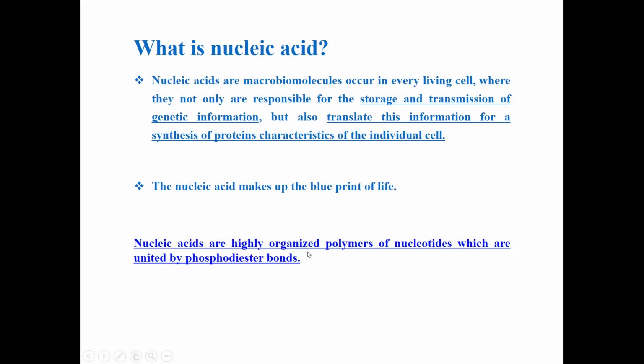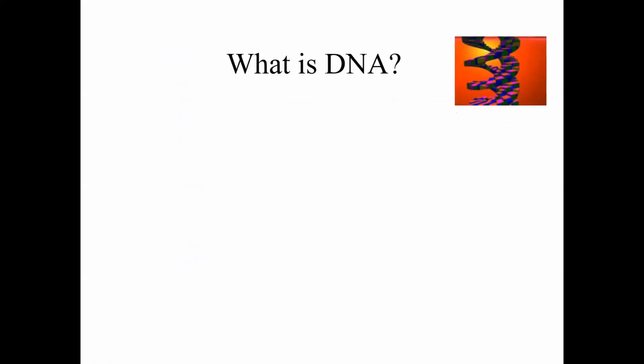Nucleic acids are highly organized polymers of nucleotides, which are united by phosphodiester bonds. So nucleic acids are polymeric substances, and the unit of nucleic acid is called nucleotide. And each nucleotide is connected to another one by phosphodiester bonds. We shall get more detail step by step.